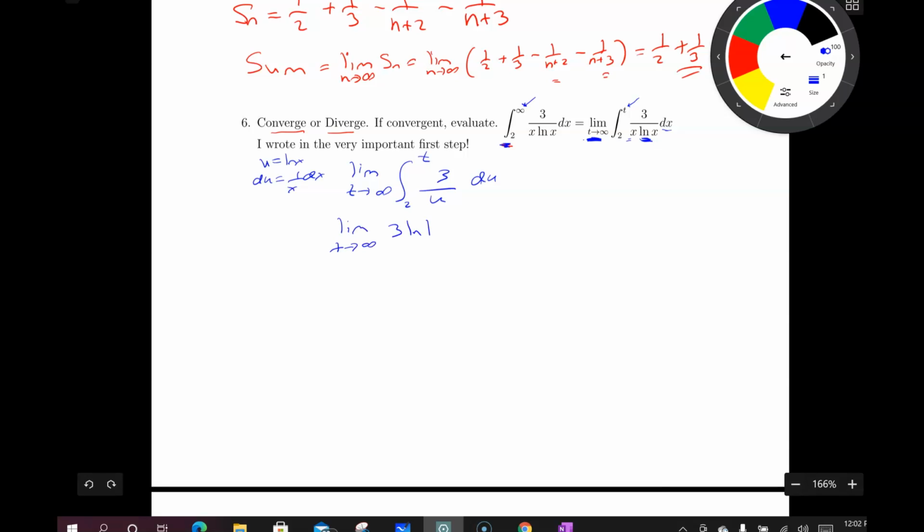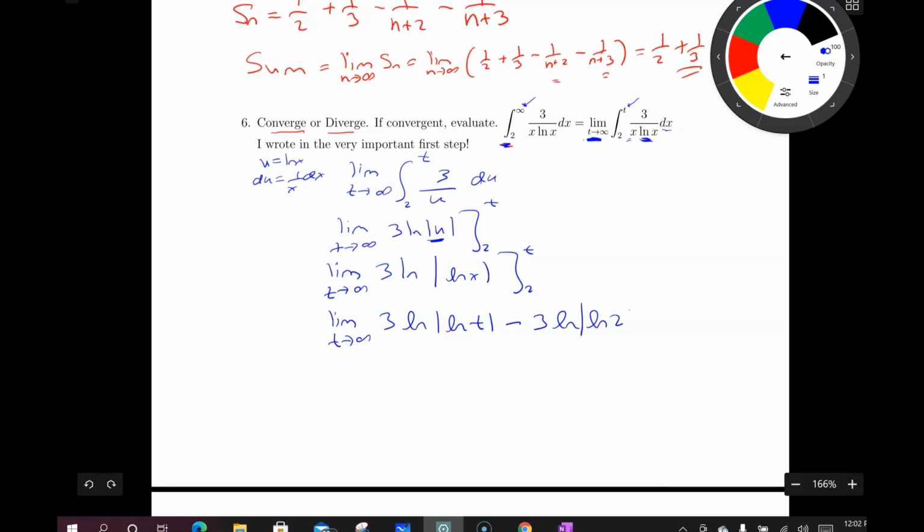So I get 3 ln of u. And the important step of putting the x's back in, remember, because we're not going to change the limit. So ln of x here between 2 and t. So limit as t goes to infinity, ln of t, subtract ln of 2.